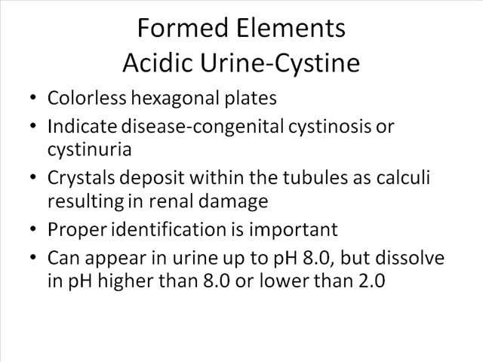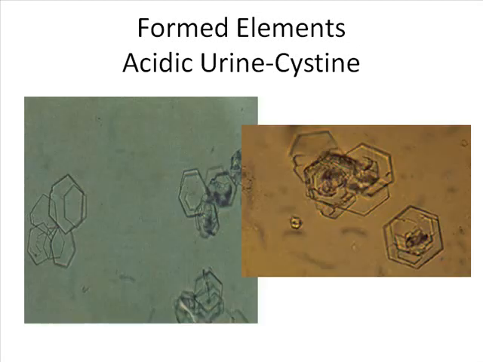And what happens is this cysteine actually deposits in the renal tubule. Usually these patients come in with renal calculi from cysteine. Okay? Now, it can appear in urine up to pH 8, but usually these crystals dissolve in alkaline urine, so you won't see them in highly alkaline urine.